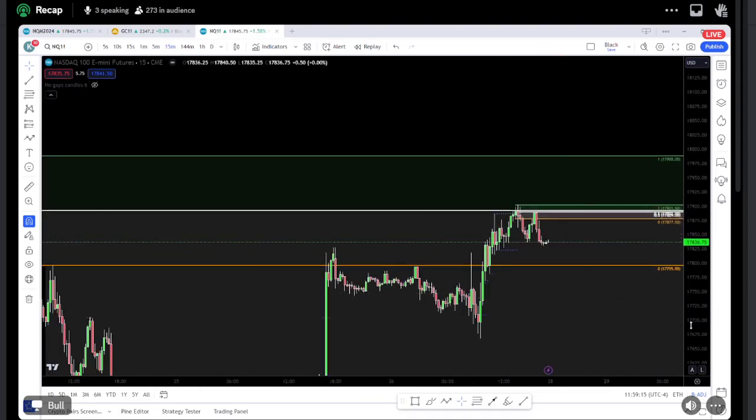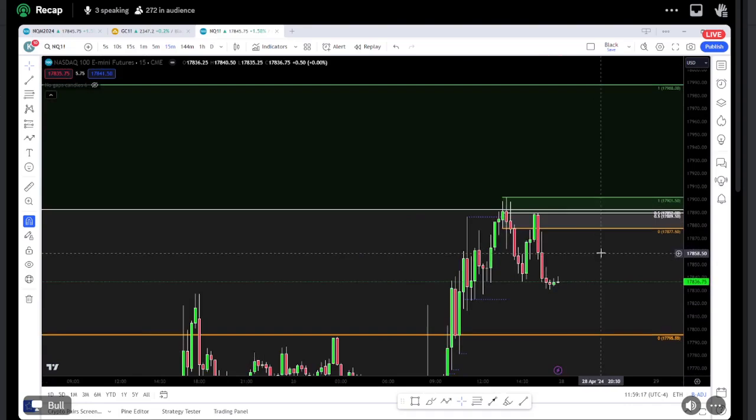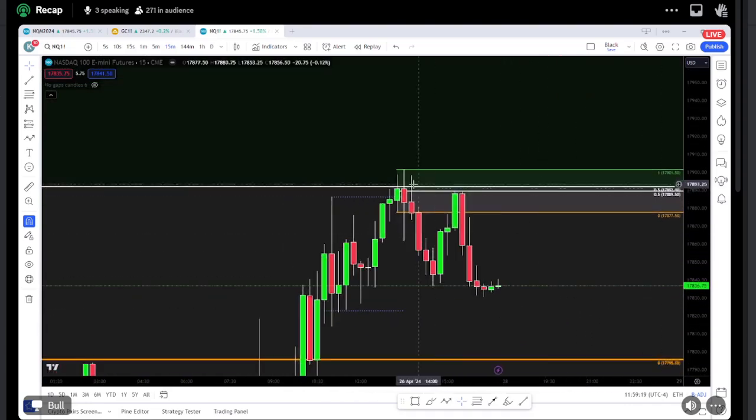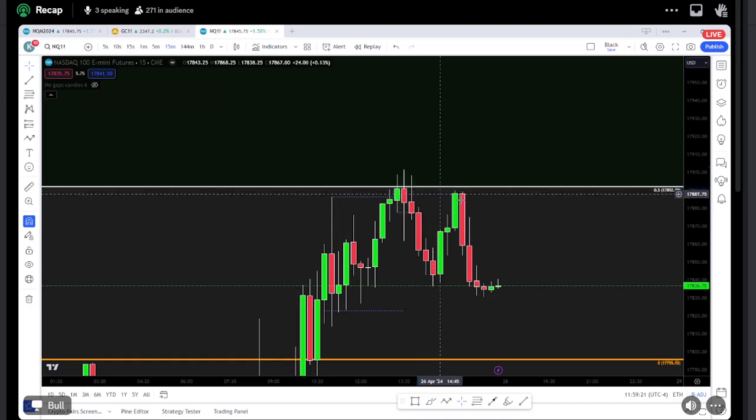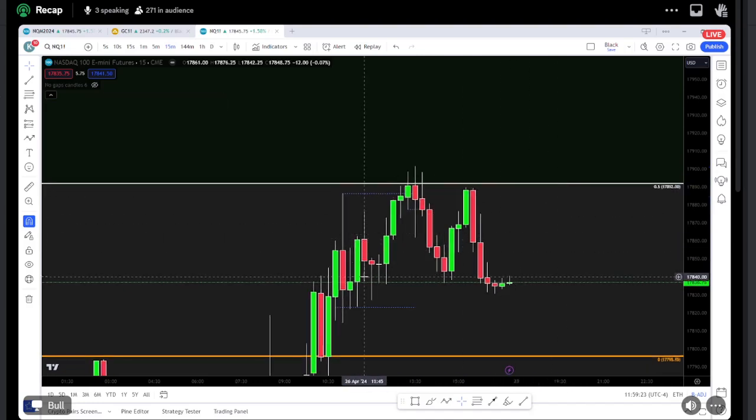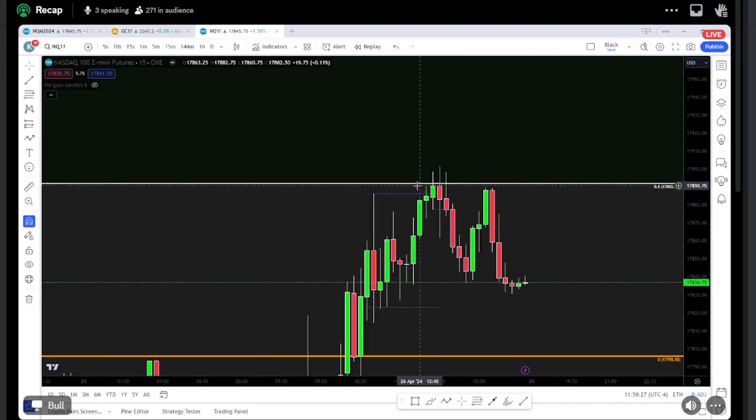And shockingly enough, where'd that 50% level hit? Right? So if we're looking for a trade back in, we're seeing a change in order flow right at the 50% level. This is our area that we want to look at for a short pattern, right?